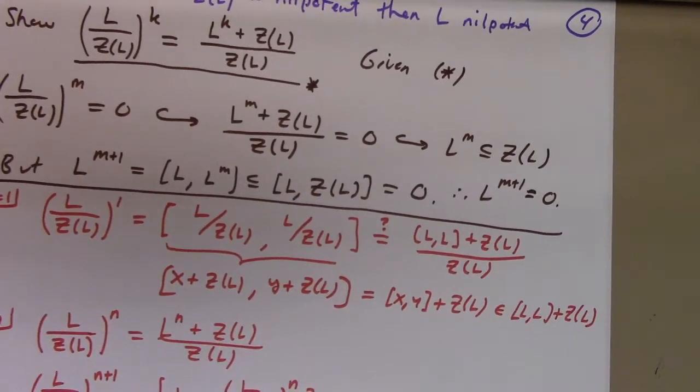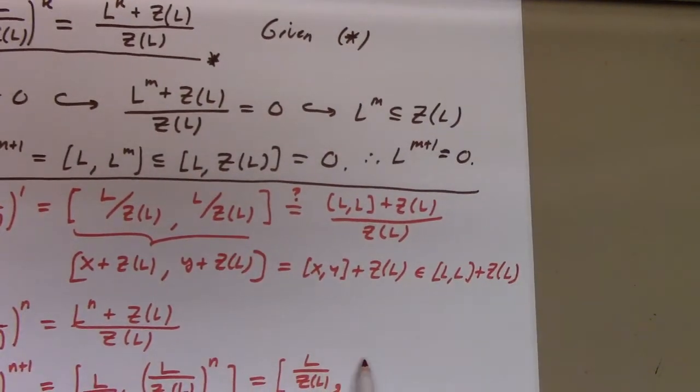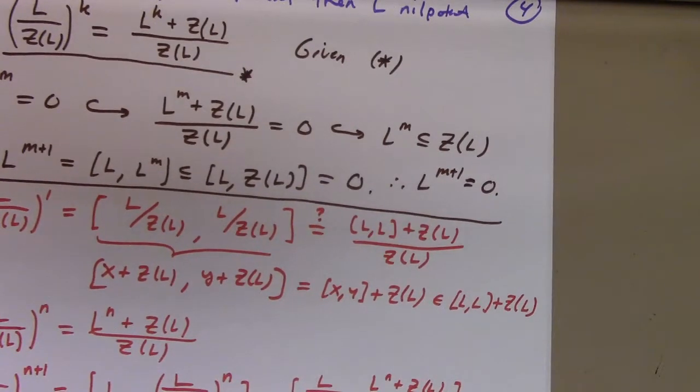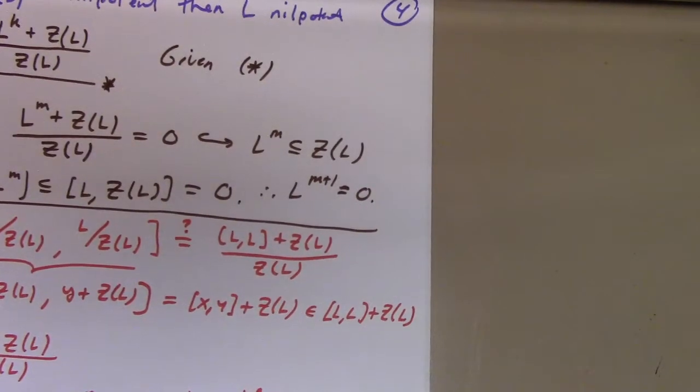But this is equal to, by the induction hypothesis, which through essentially the same calculation as up here is equal to the bracket of L with Ln, which of course is Ln plus 1 plus ZL mod ZL.